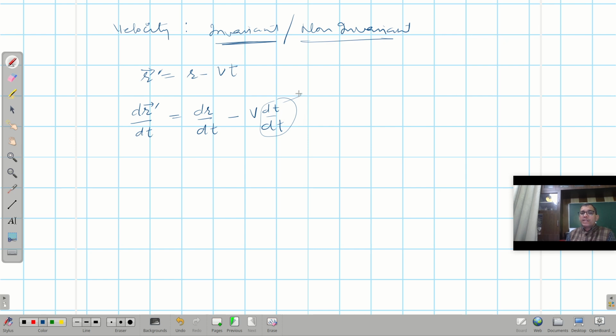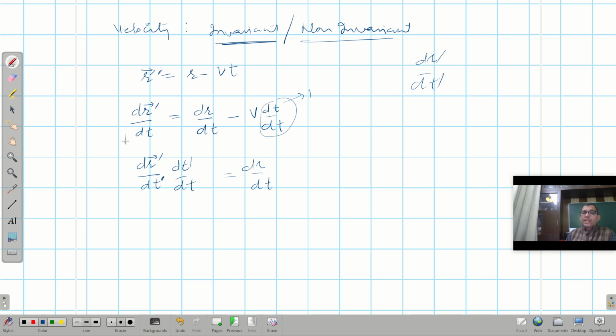So I can write dr prime over dt as dr upon dt minus v. What should I do? Because it is r prime, what I need on this side is dr prime by dt prime. So for that, let us put dt prime here and dt prime here upon dt.